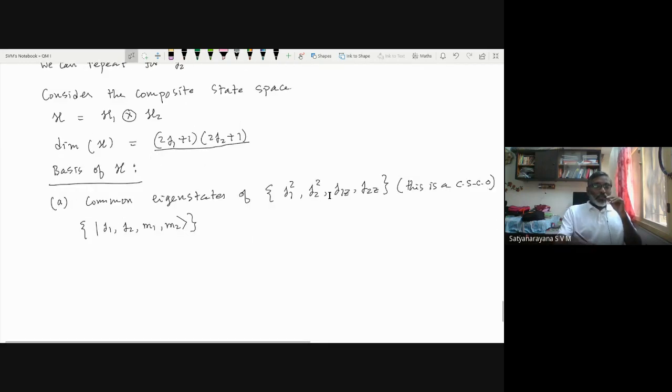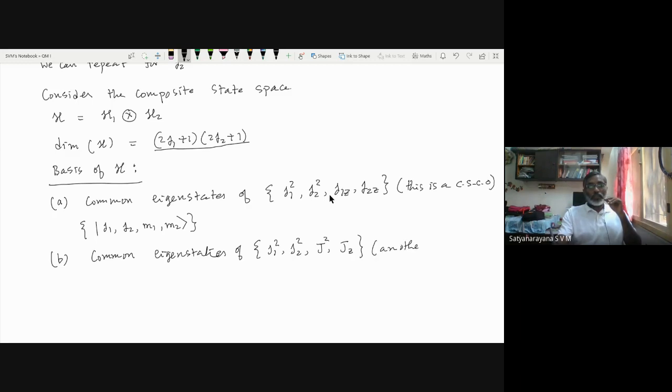And there is another way to choose a basis. That is common eigenstates of J1 square, J2 square, capital J square, and capital Jz. This is another complete set of compatible observables.